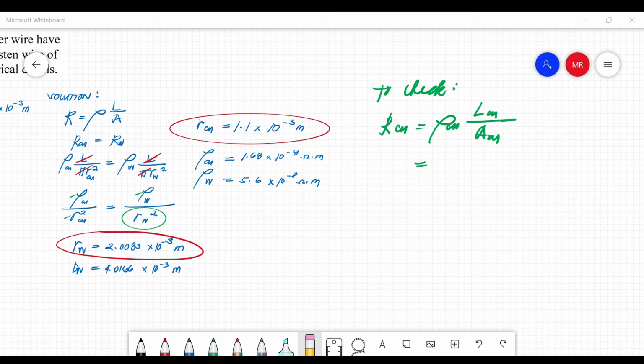Therefore the resistance of the copper would be approximately 4.419, or 4.42 times 10 raised to negative 3 ohms.